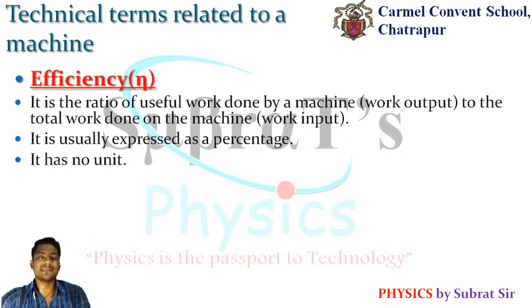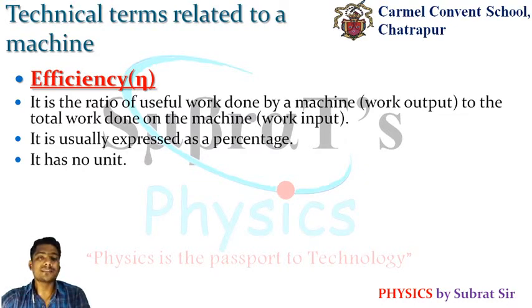Then efficiency, eta. It is the ratio of useful work done by a machine, which is known as work output, to the total work done on the machine, which is work input. So we can say that efficiency eta is equal to work output divided by work input.